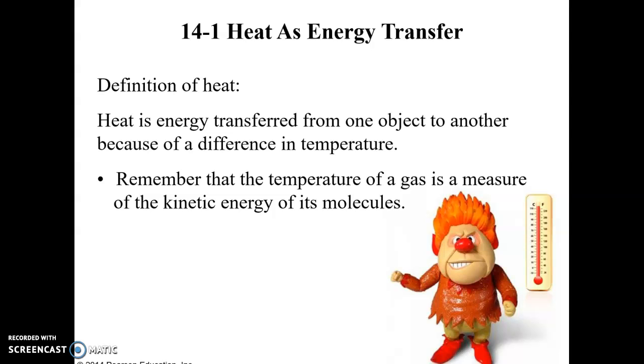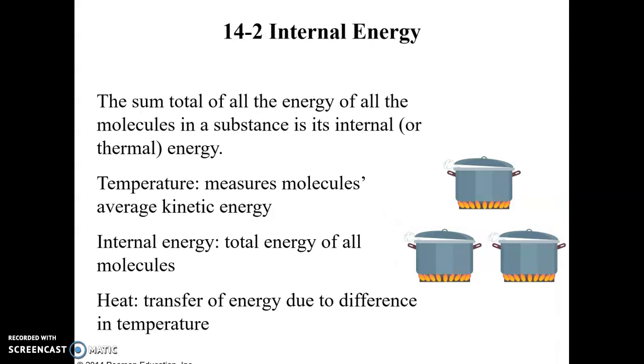So temperature is a measure of kinetic energy. And so heat is basically a form of kinetic energy. It comes from the molecules being excited, having a lot of energy moving around. And also remember that the heat is going to flow from the hot object to the cold one.